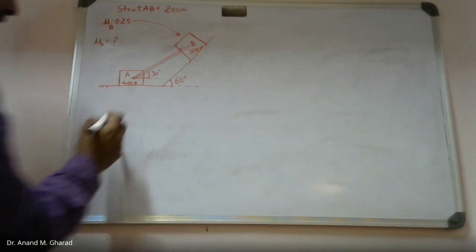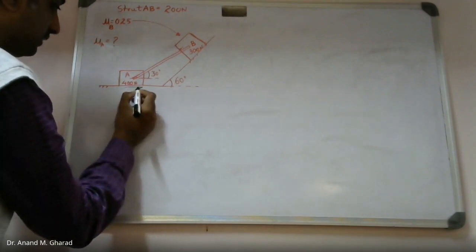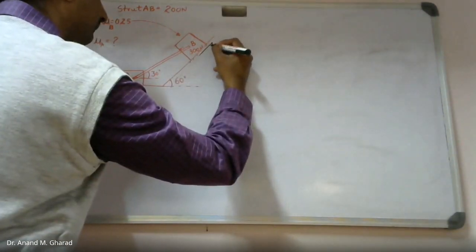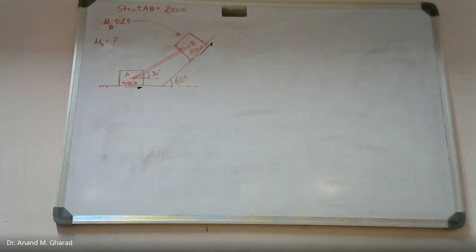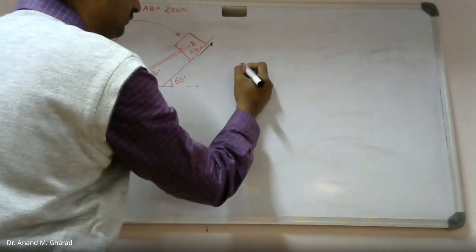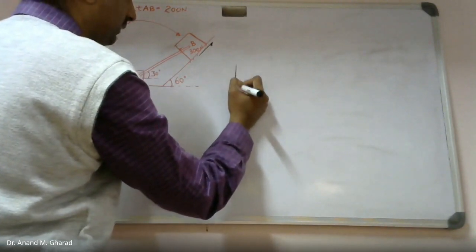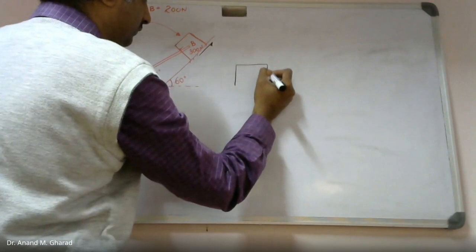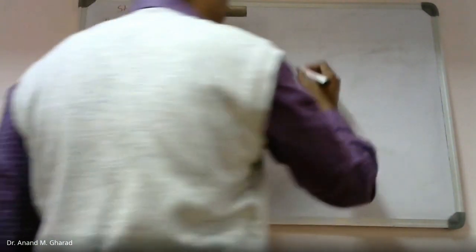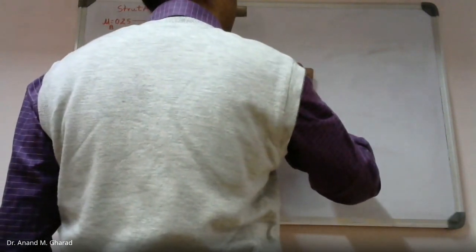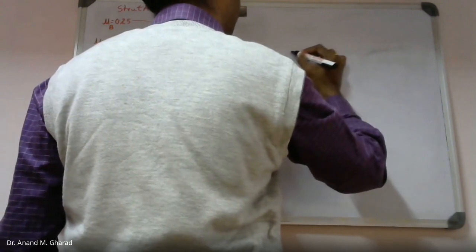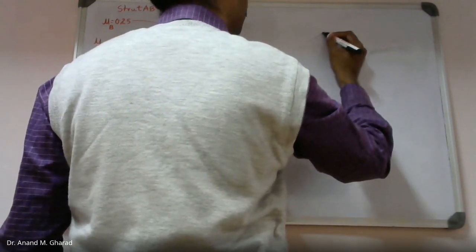So, based on that, the frictional resistances shall be like this, correct? Based on this, we will draw the free body diagram. We have now understood the direction of the motion of these blocks, and now we will see the free body diagram which we will be using.